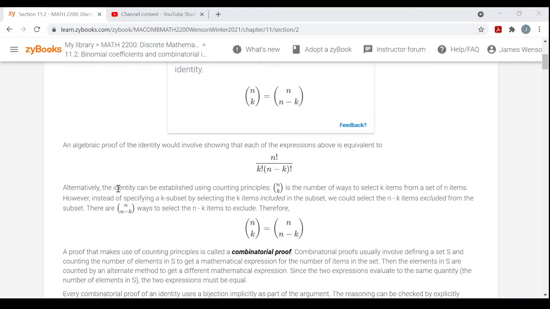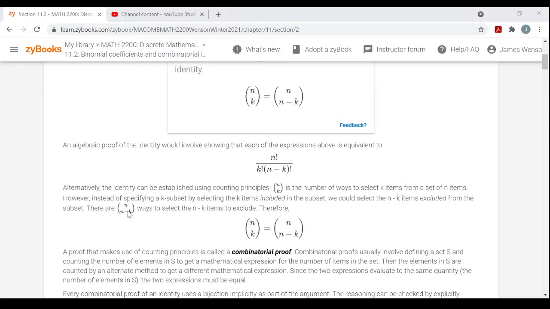Alternatively, the identity can be established using counting principles. N choose k is the number of ways to select k items from a set of n items. However, instead of specifying a k subset by selecting the k items included in the subset, we could select the n minus k items excluded or not in the subset.